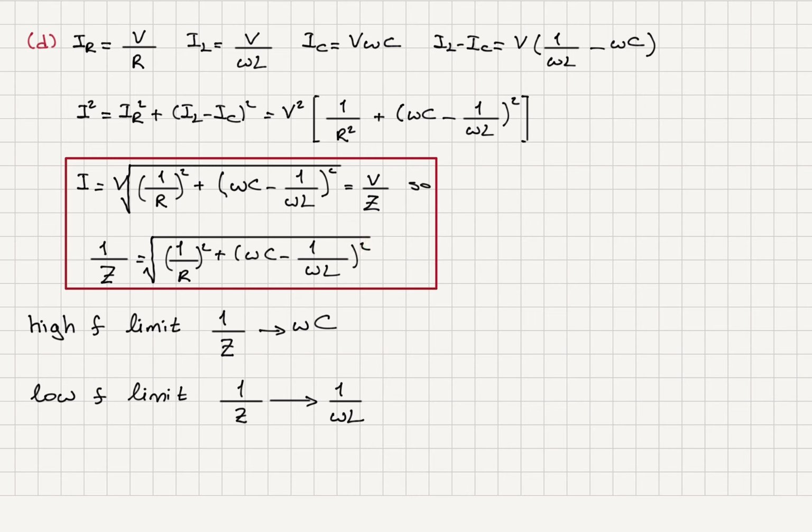So 1 over the impedance will behave as 1 over omega L, so the impedance will be like omega L in the low frequency limit. In the high frequency limit, impedance will be like 1 over omega C. So the circuit will act like a capacitor in the high frequency limit, and like an inductor in the low frequency limit.